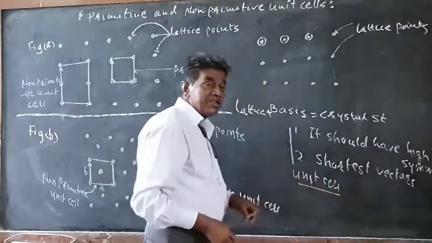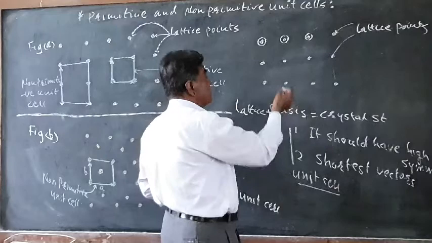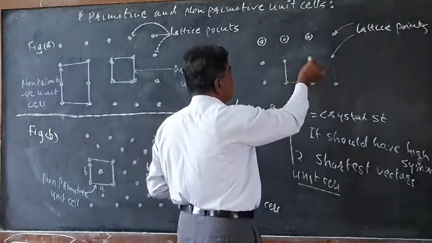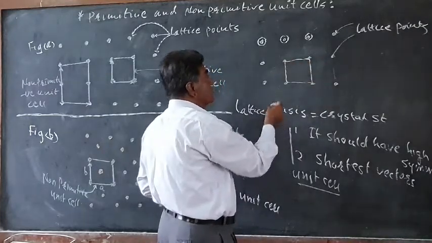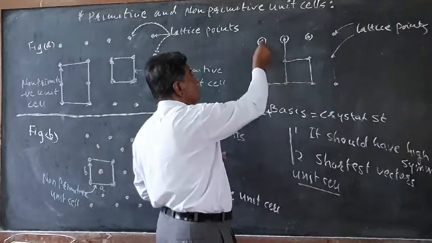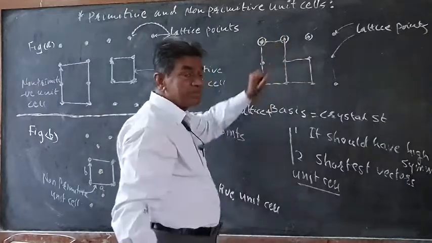Now what is the primitive unit cell? In this case we can construct one unit cell like this, or we can construct it in this way also. This is another way of drawing the unit cell in this space lattice.